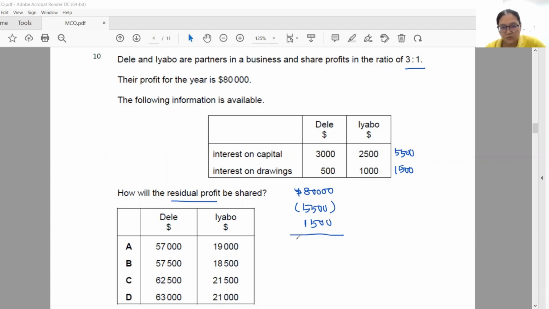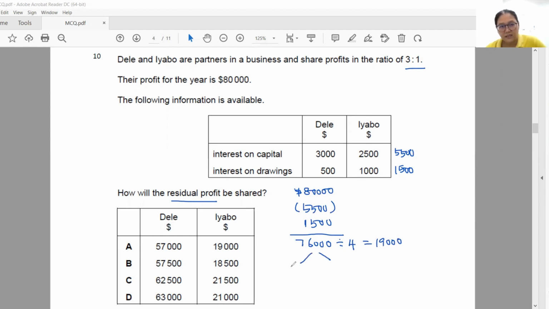So the total net is 76,000. According to the ratio, there are 4 parts in total, so divide by 4 and we get 19,000.